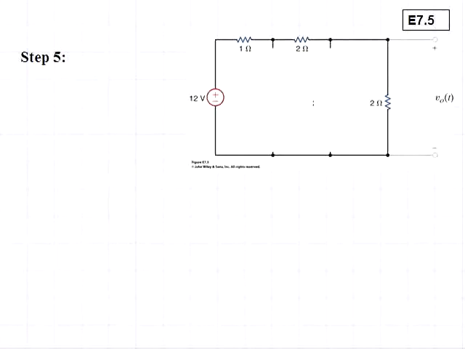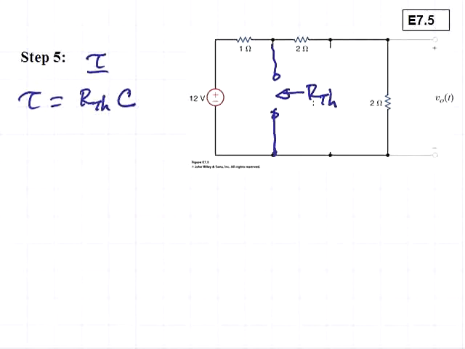In step 5, we wish to determine the time constant for this circuit, and that is, for the case of the capacitor circuit, tau is equal to R Thevenin times the capacitance. These are the terminals for the capacitor, and we want to find the Thevenin resistance looking into those terminals.